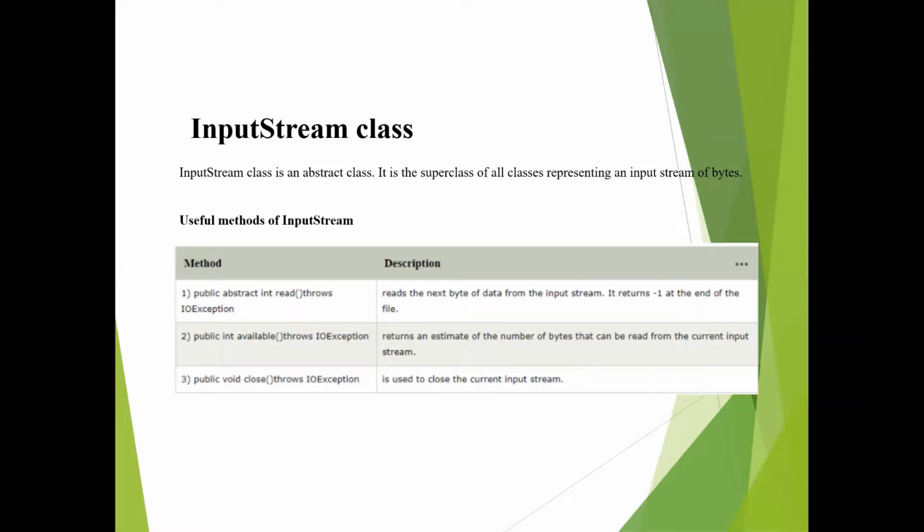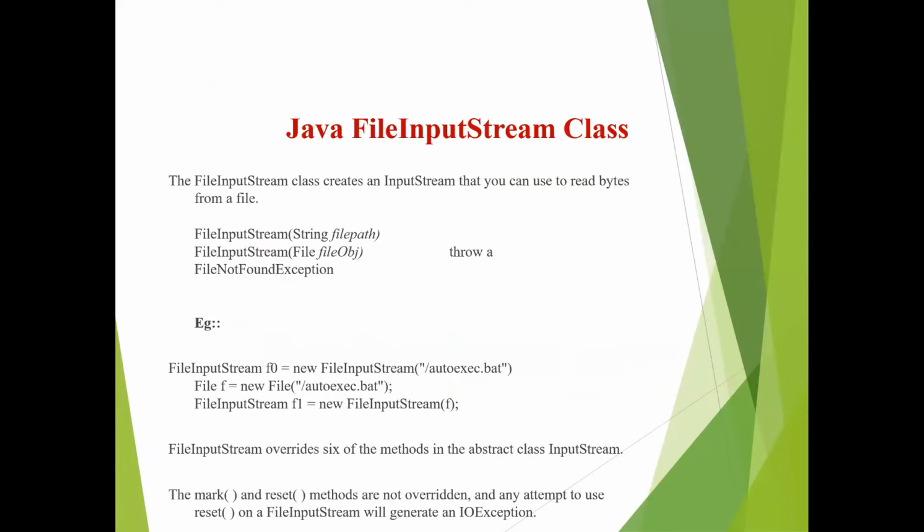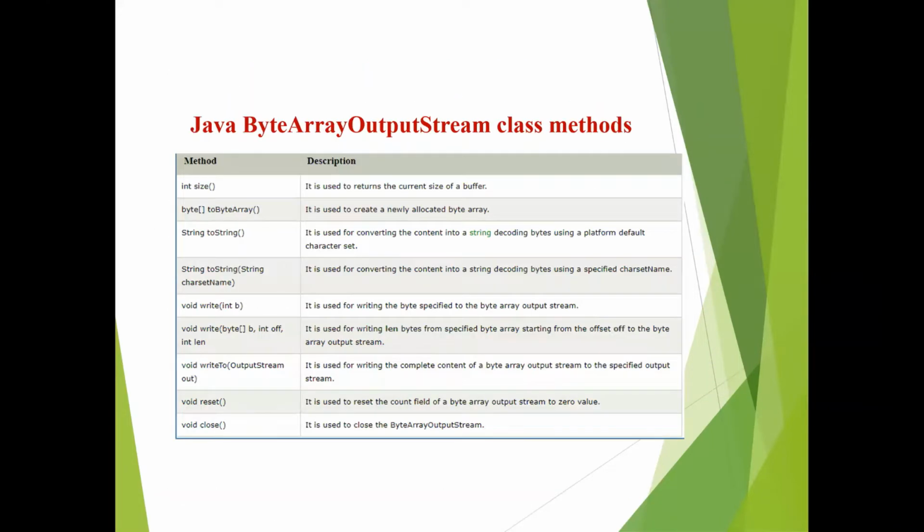Now, what are the superclasses of the character streams? There is another pair of classes, the Reader class and the Writer class. Let us go to the next PPT. This is the Reader class, and the same for the Writer class.